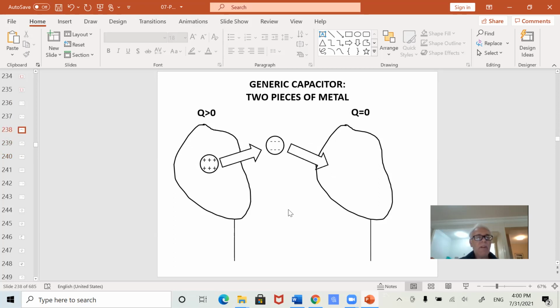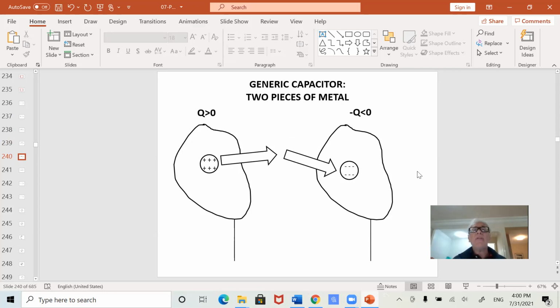Look here, positively charged. While you are moving the negative charges to the other side, it's still uncharged. But when we shove the negative charges on the other side of the capacitor, it becomes negatively charged, minus Q less than 0. In this process, you did some work and you stored potential energy in this device.